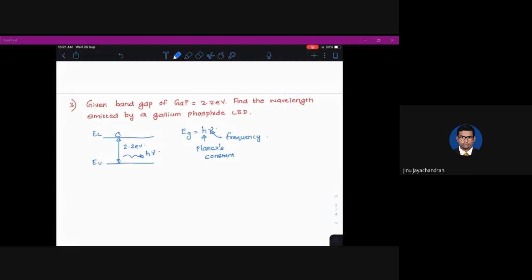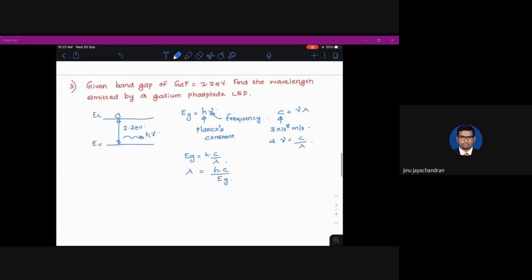We know that c is equal to nu into lambda, where c is the velocity of light, which is 3 into 10 raised to 8 meters per second. So nu is equal to c by lambda. I can write Eg is equal to h into c by lambda, so lambda is equal to h into c by Eg.